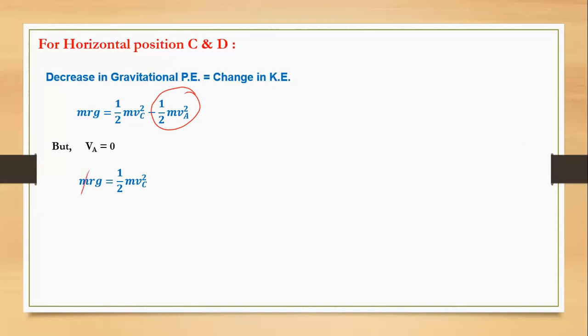Then m gets cancelled and the 2 shifts to this side, so 2rg is equal to vc square. By using that, we get vc equal to under root 2rg. This is the speed at horizontal position C.